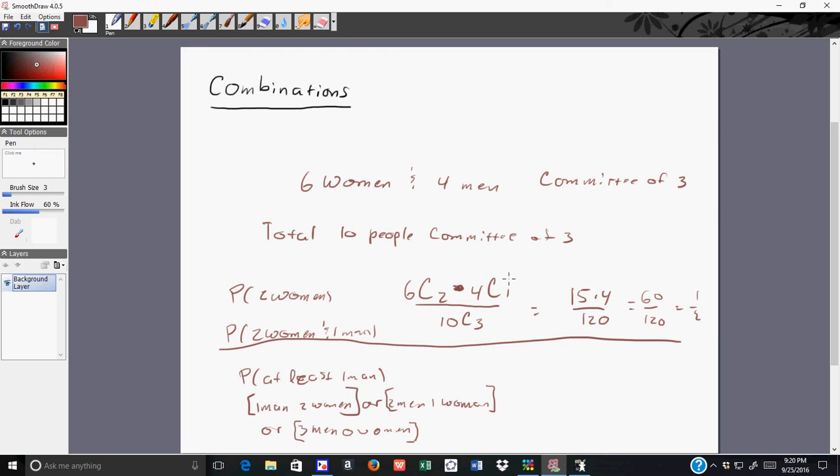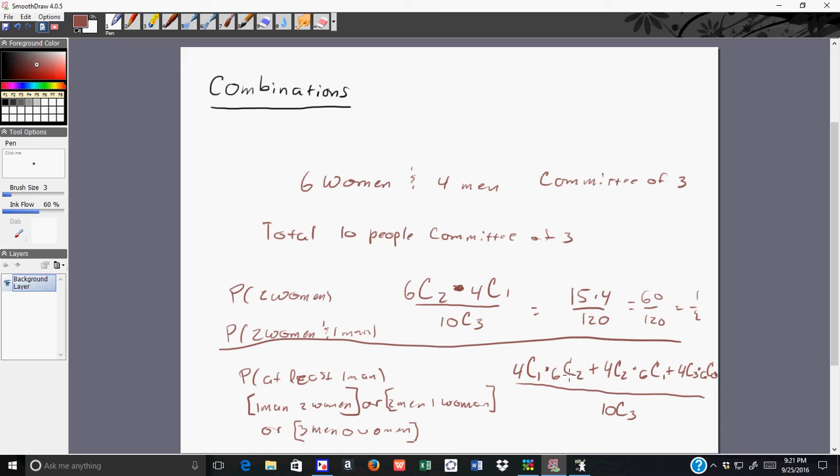So I have 4 men, so it's going to be 4 choose 1 times 6 choose 2, or 4 choose 2 times 6 choose 1, or 4 choose 3 times 6 choose 0, all over 10 choose 3.